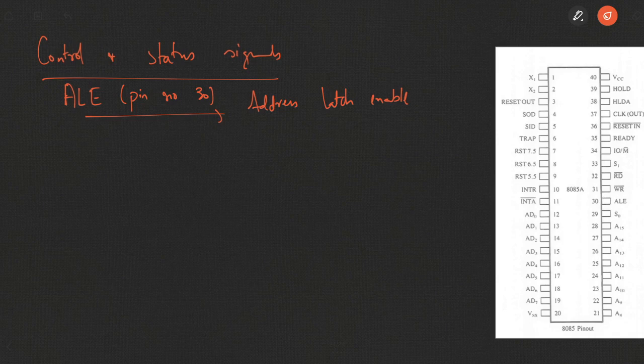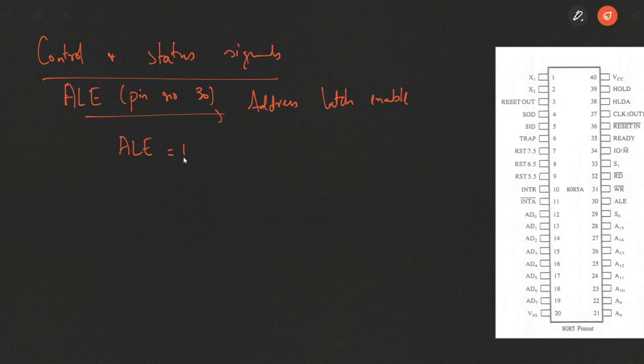Fine. And then it will generate a separate signal for fetching the most significant bits of the address. So ALE high will be checked every time the microprocessor begins execution.